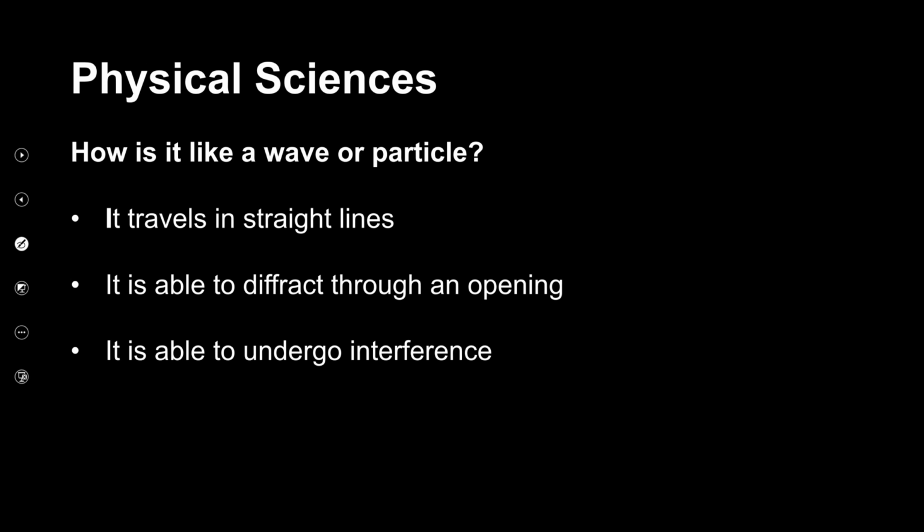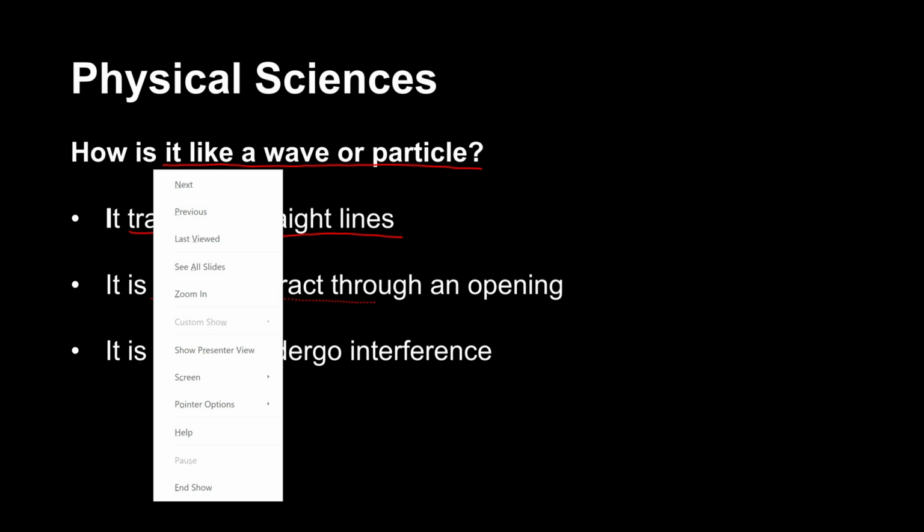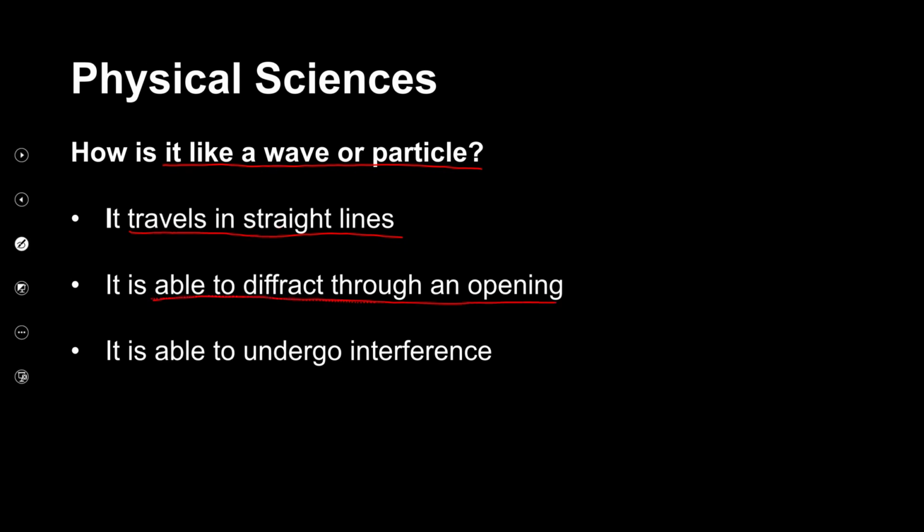So we're asking the question, is it like a wave or is it like a particle? Well, photons travel in straight lines, and they are able to diffract through openings. This is definitely a property of a wave, one of the ones we looked at as the very first properties of waves.